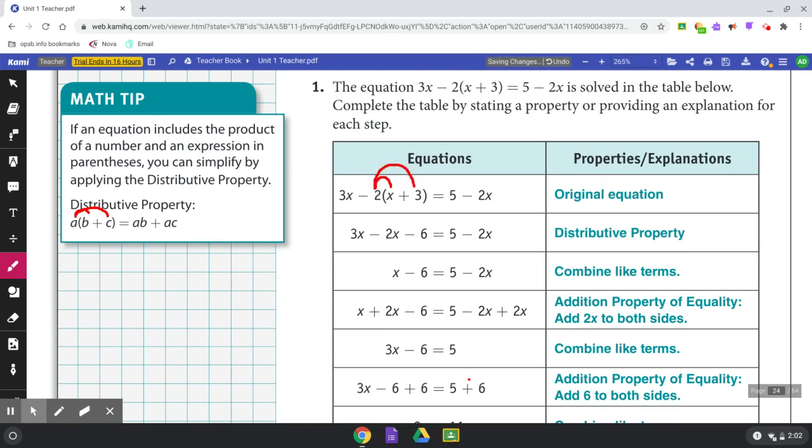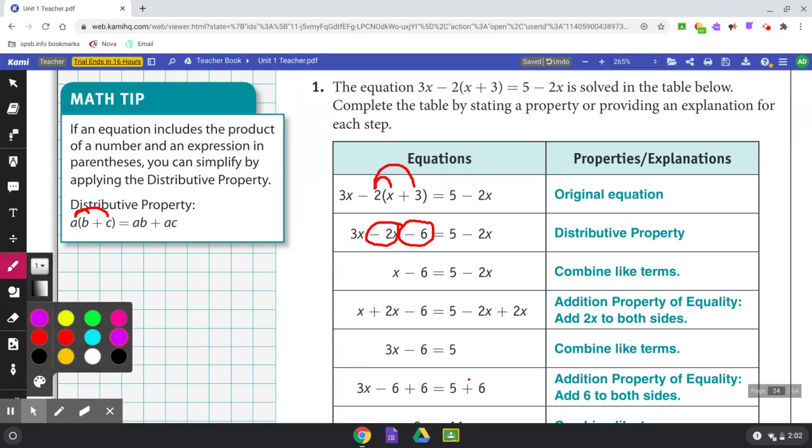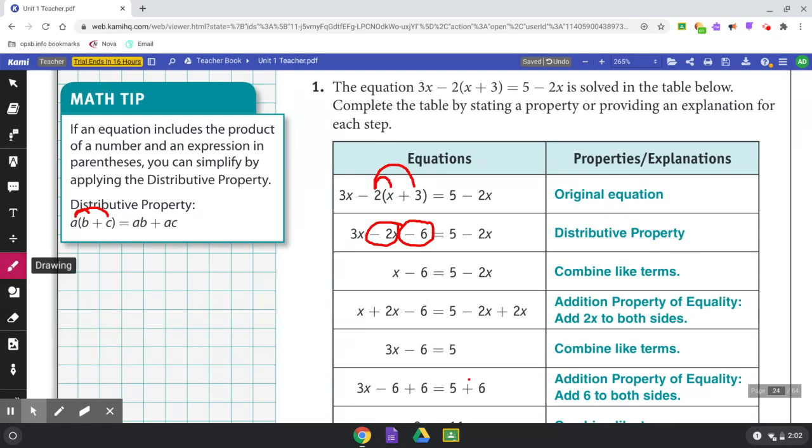That is where this -2x and this -6 comes from. -2 times x is -2x. -2 times +3 is -6. So 3x minus 2x minus 6 equals 5 minus 2x. Then you need to combine like terms. After you do that, you have 3x minus 2x, which is 1x, minus 6 equals 5 minus 2x.